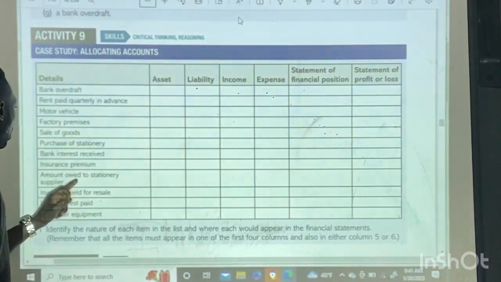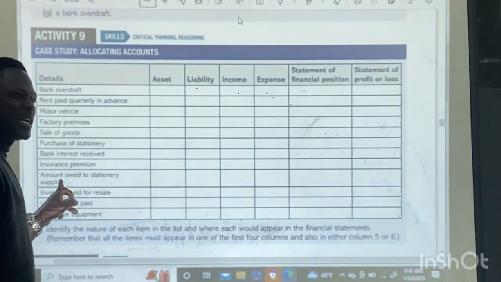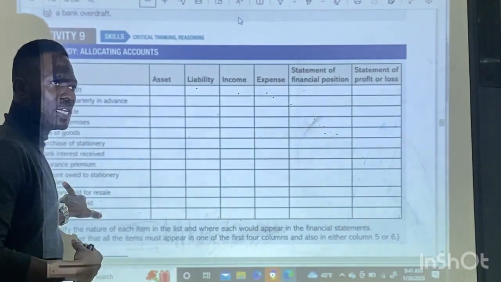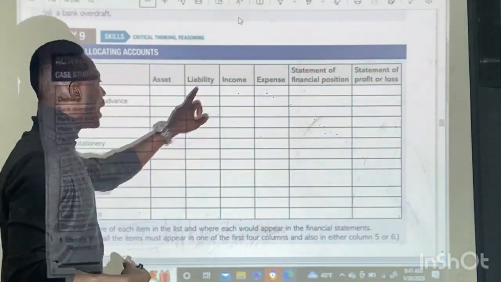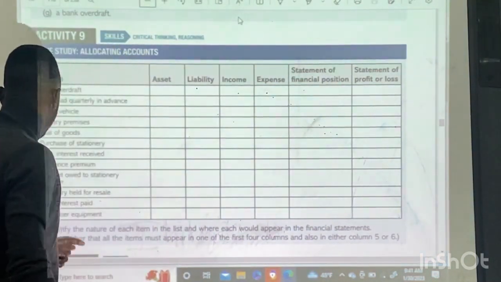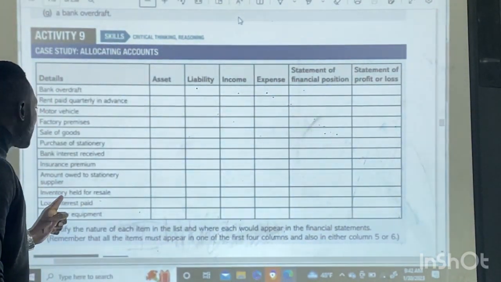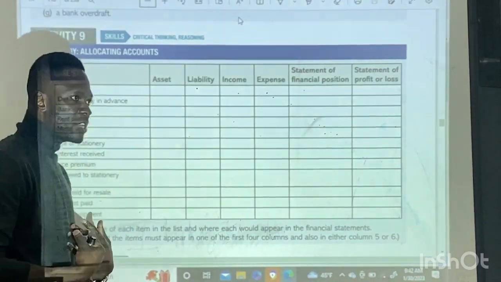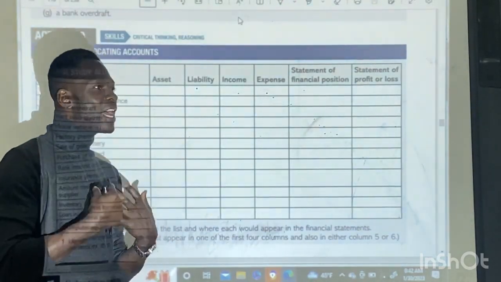Then we have amount owed to stationery supplier. Here we have a creditor. Yes or no? So a creditor is what? Liability to the business and statement of financial position. The next one, inventory held for resale. We have your inventory. These are stock. It's a current asset.